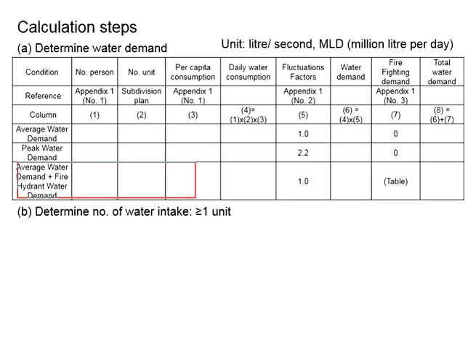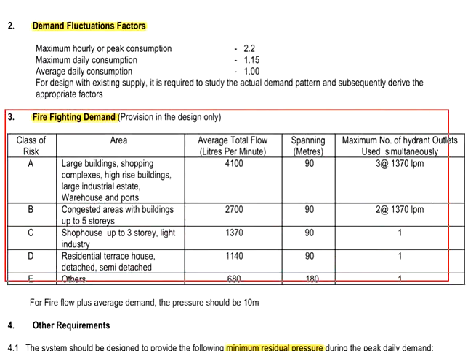As for the third case here, there will be fire flow. You will need to refer to the table given in the guideline for the water demand. The table refers to the guideline here.